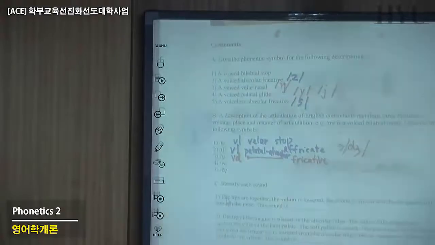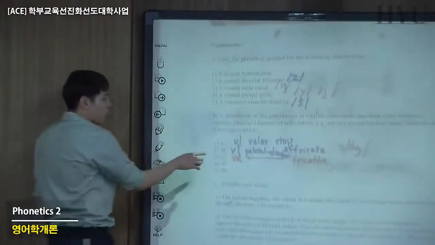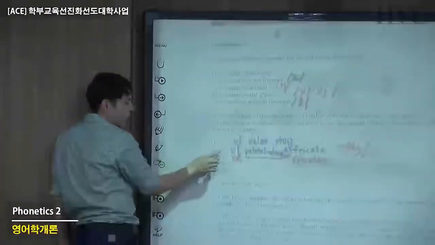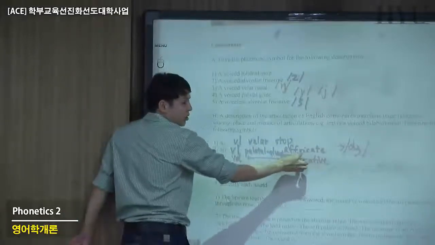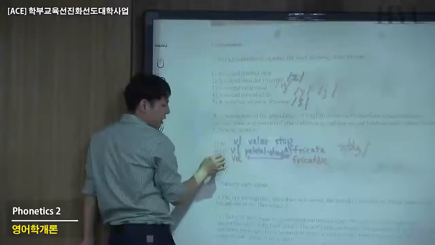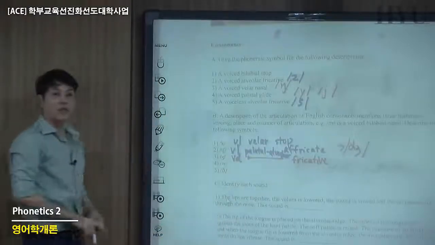And the manner is fricative, right? So you see that in number 2, when there's a stop before it, the manner changes to affricate. But without the T, it's just a fricative, right?